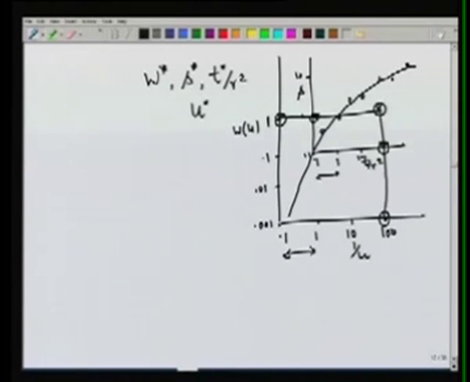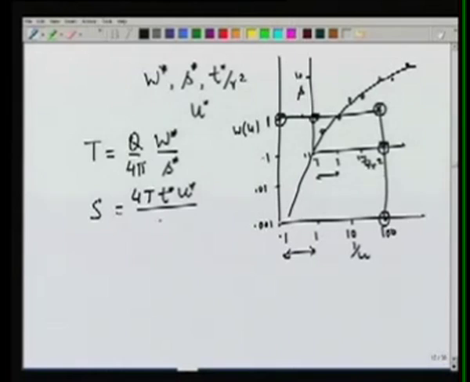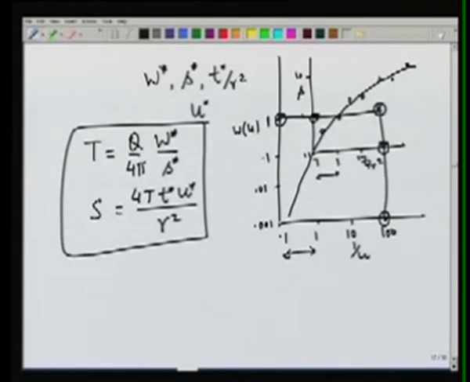And using these, we can easily obtain the values of transmissivity as Q over 4 pi, and then the storage coefficient S, using the two equations which we had derived earlier.